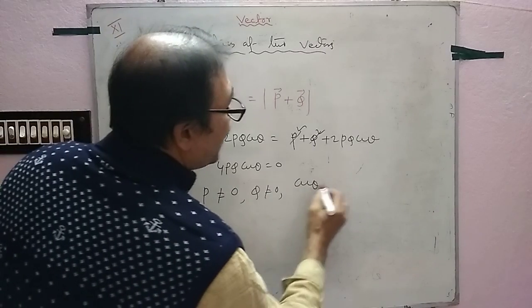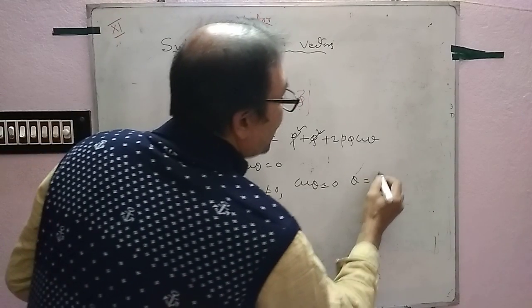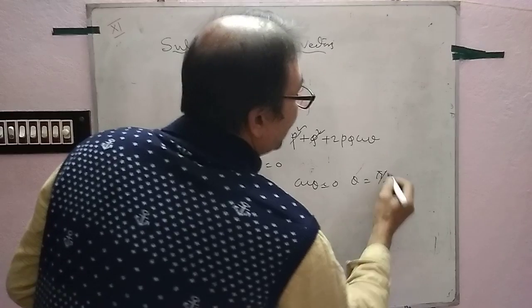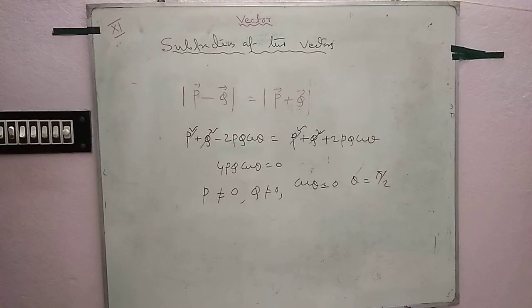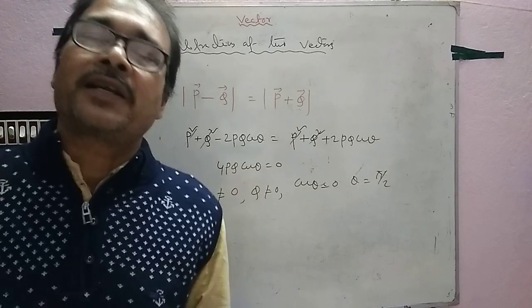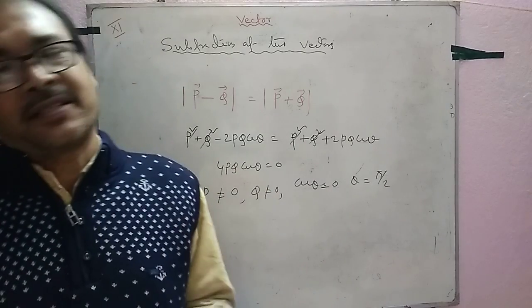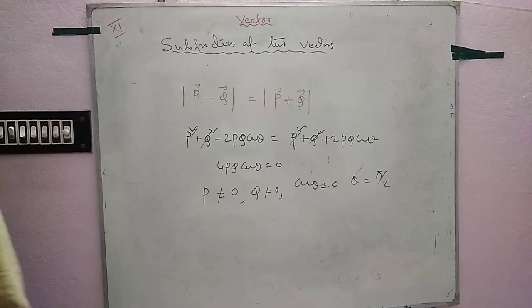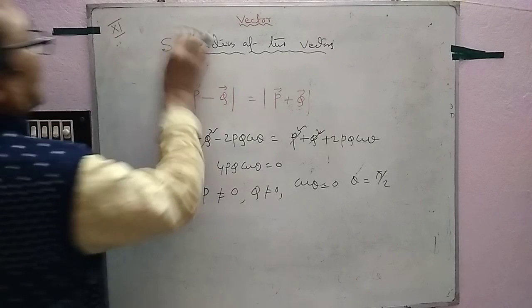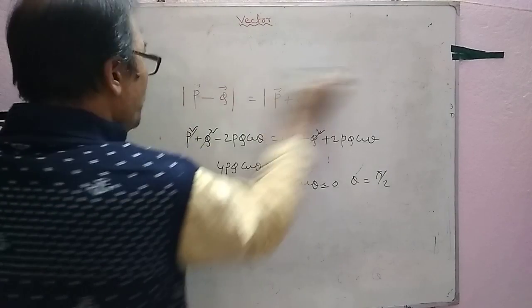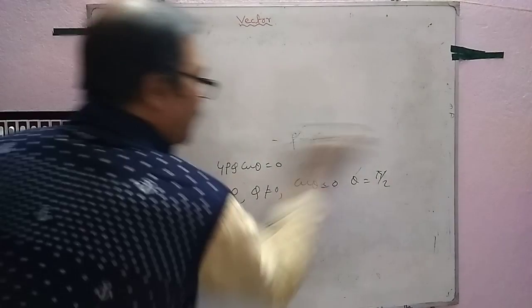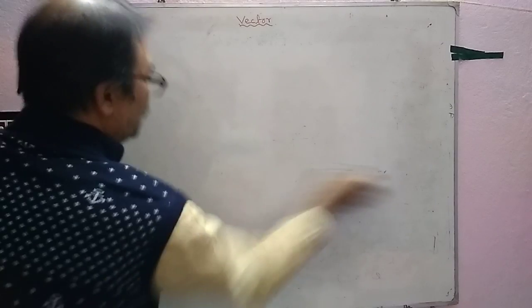So cos theta equal to 0, that is theta equal to pi by 2, that is 90 degree. So when the angle between two vectors is 90 degree, then the magnitudes of their addition and subtraction will be equal. Clear?